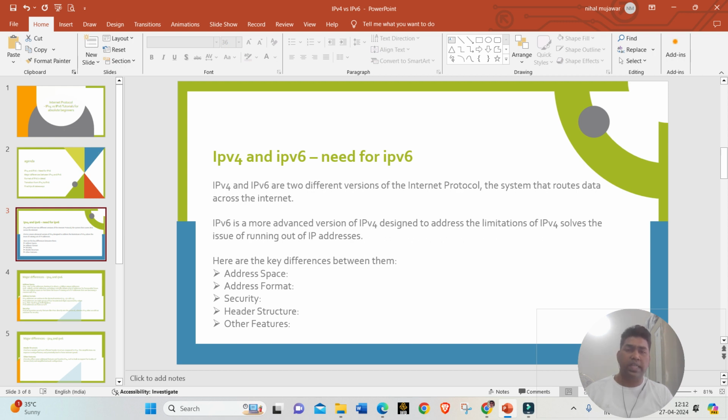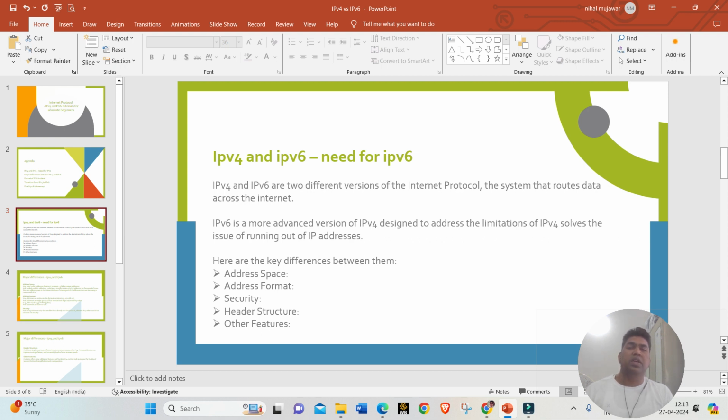Why is there a need? Because IPv4 uses 32-bit IP addresses, so there is a limitation in capacity. It can generate around 4.3 billion IP addresses, which is not sufficient. It could be sufficient at present, but foreseeing the future, it is not. Hence, we need to switch from IPv4 to IPv6 in the near future.